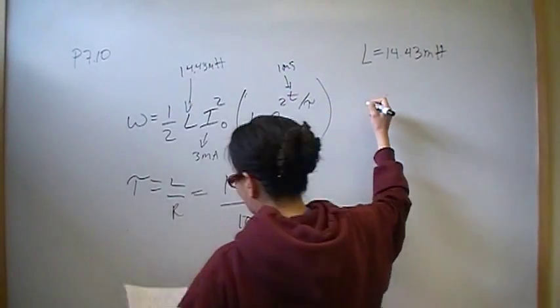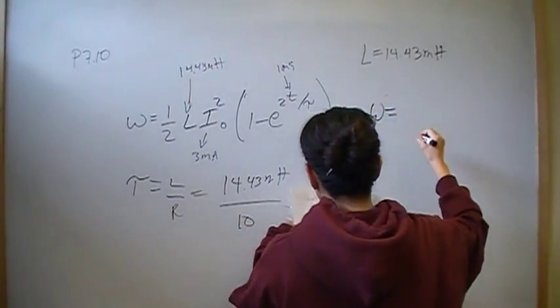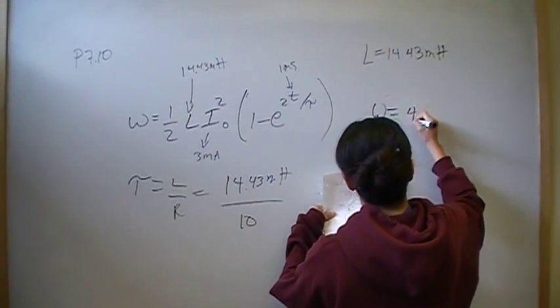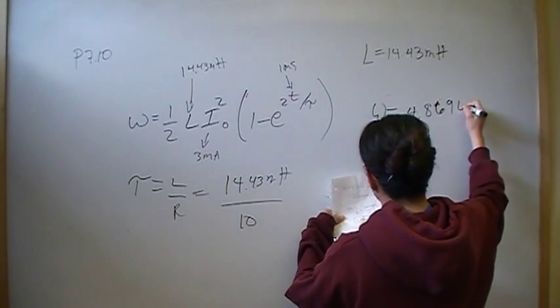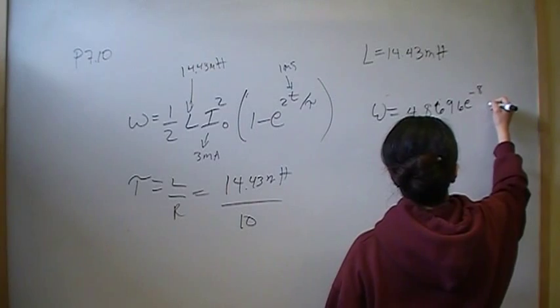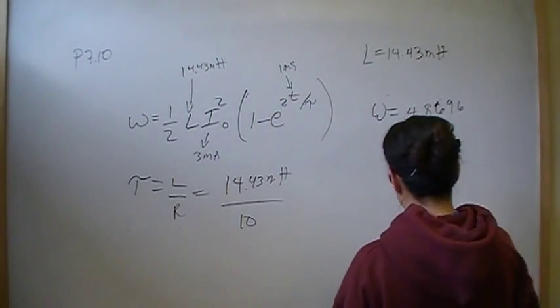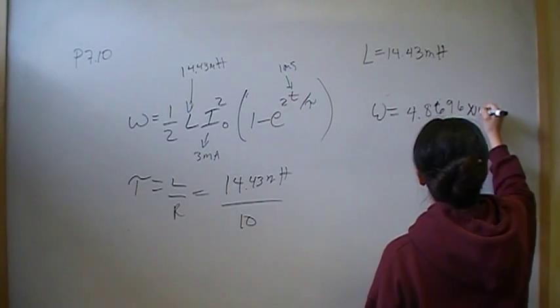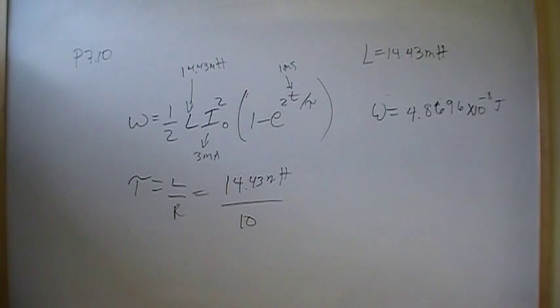So do all that and you should come up with the energy after 1 millisecond being 4.898696 times 10 to the minus 8 joules. So just plug in those numbers, that's what you'll get. And that is problem number 10.